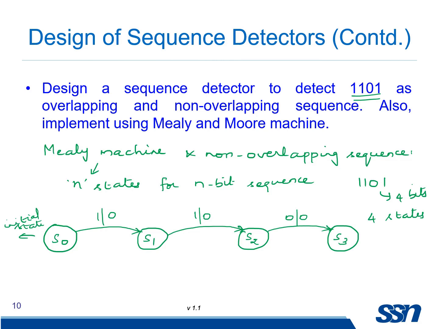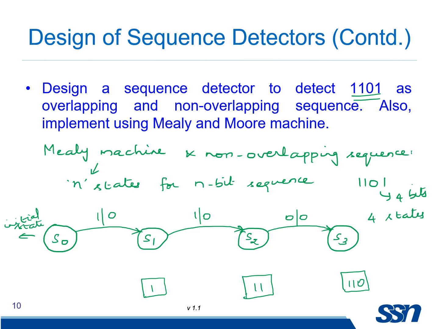Now here we shall put a small square box and write the sequence that we have attained. So at S1 we have received input 1, at S2 the input received is 1 1, and at S3 the sequence received is 1 1 0. That is, for detection purpose we are writing this way.